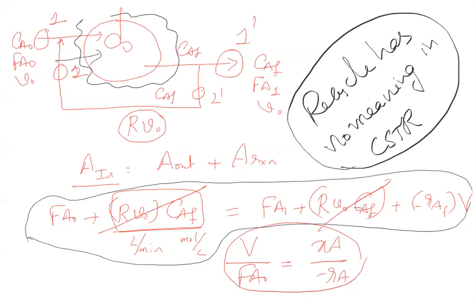This is a combined stream: what is A here plus A here plus A here plus A here. CSTR itself is a completely mixed reactor. If you take out something and mix it back, then you are doing nothing.